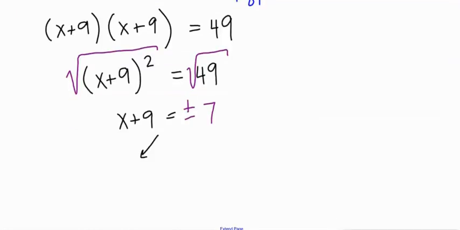Now I have two equations. I have x plus 9 equals positive 7. And I have x plus 9 equals negative 7.